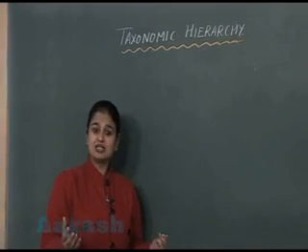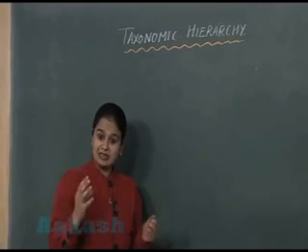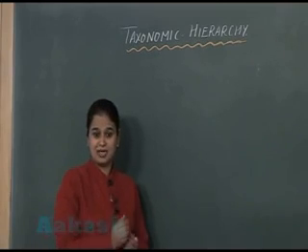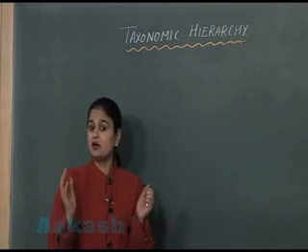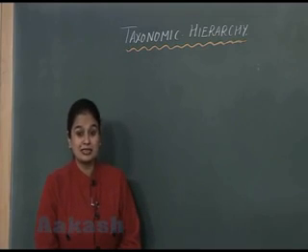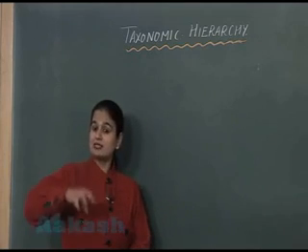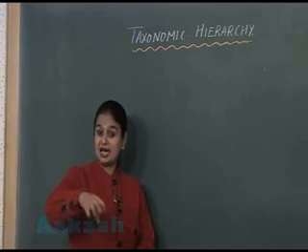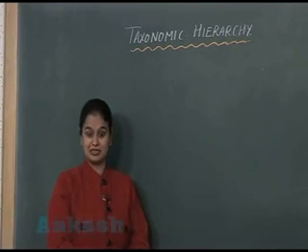In classification, organisms are aggregated on the basis of similarities and dissimilarities, resulting in the formation of groups. So what is done in classification? Placing of organisms into groups on the basis of similarities and dissimilarities.